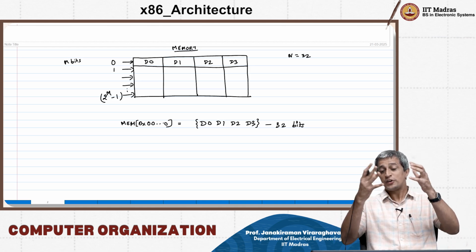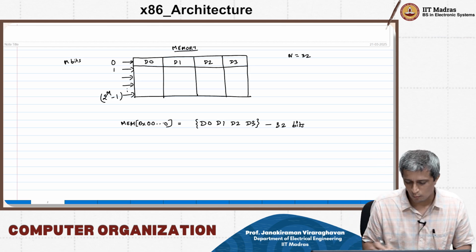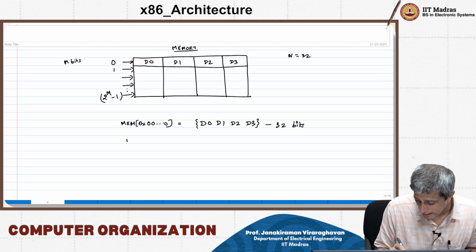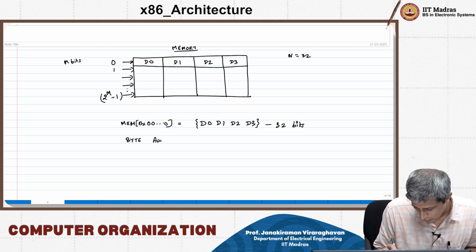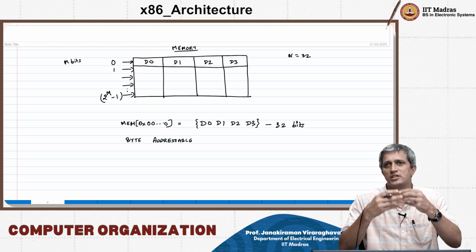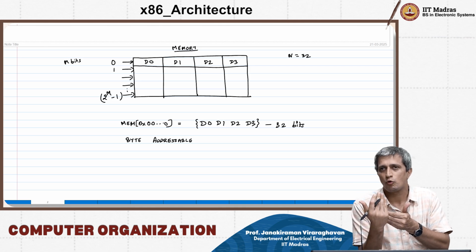Okay, so physically the memory might be organized like this, but however what we want is the memory to be byte addressable. That means when I give a certain address, I should be able to get a byte of information out of that.